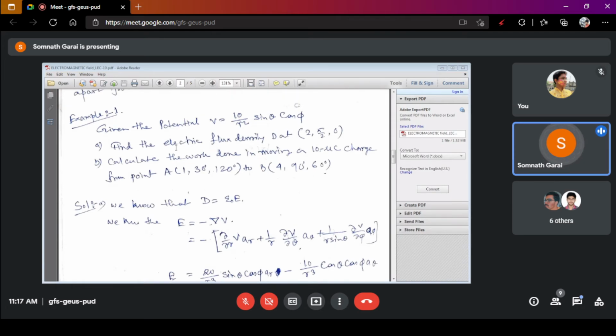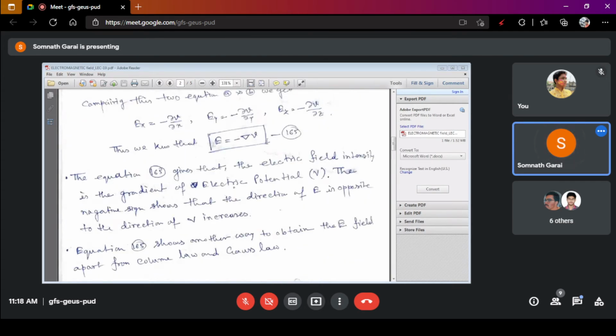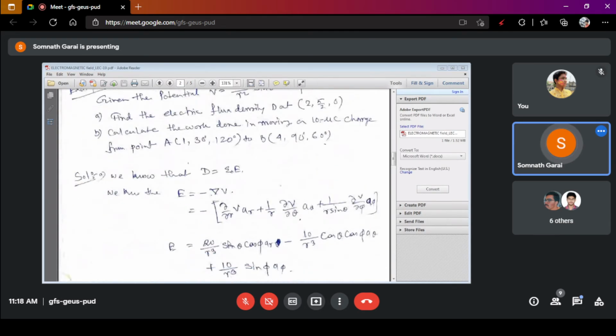So, electric flux density capital D, we already know that electric flux density D is equal to epsilon naught into E, right? Now, E is equal to minus del V, if we apply this relation.